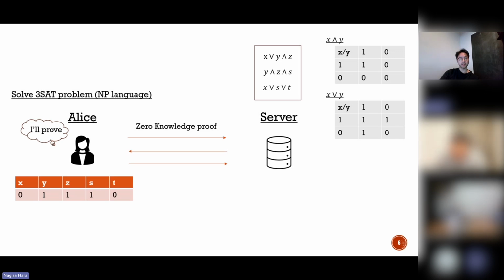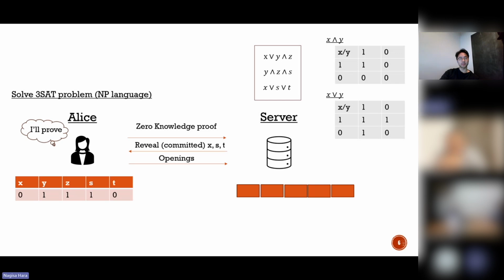Usually Alice commits to such a witness and sends it to the server. The server asks Alice to reveal some partial positions of the variables, for example S and X, or S and T, and then Alice responds with openings of such positions.